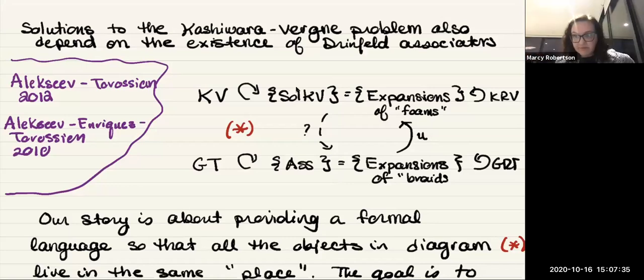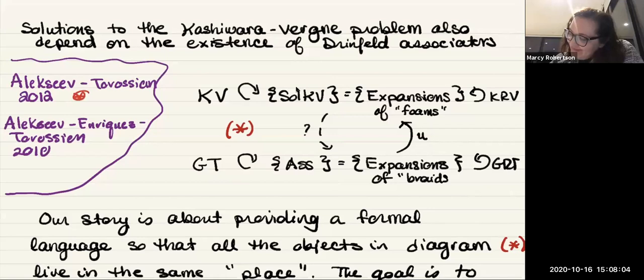The existence of a solution to Kashiwara-Vergne, and therefore the existence of an expansion for welded tangled foams, comes from a Drinfeld associator. And the references there are these papers by Alekseev and Torossian, and Alekseev, Enriquez, and Torossian. I recommend this paper, it is really easy to read, and the other one gives me like a migraine. So somehow same problem, but different notation.